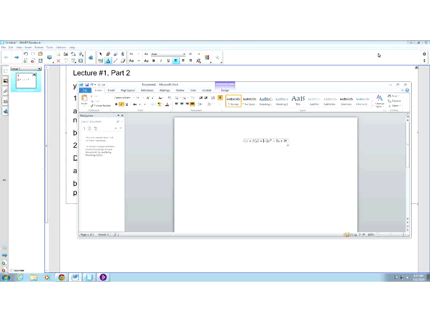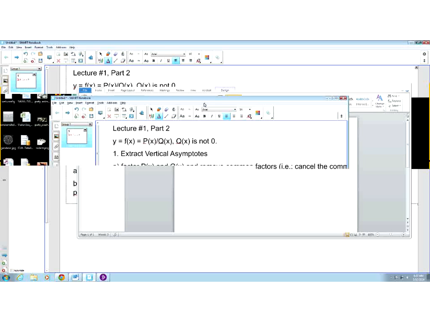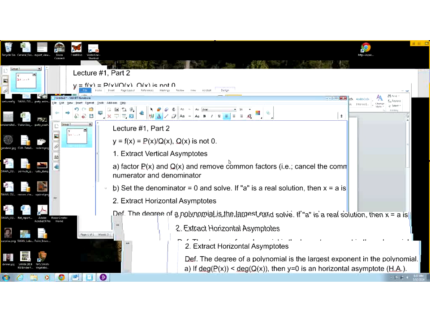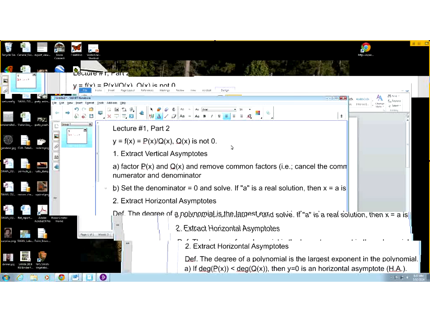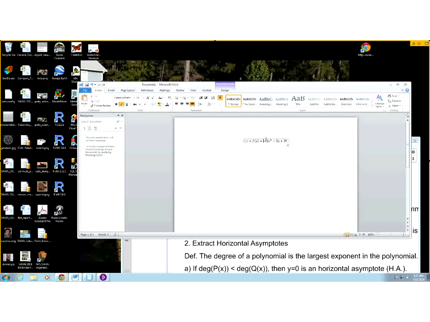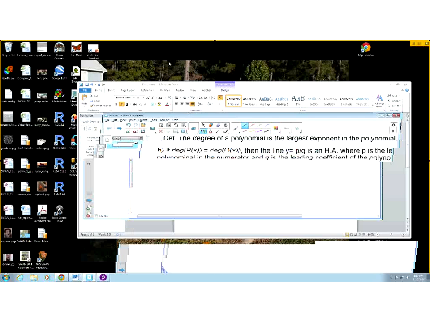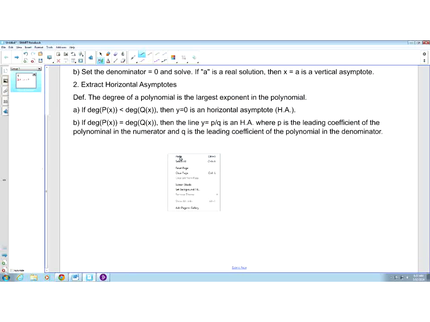In this case, the leading coefficient would be what? The leading coefficient is the coefficient on the term of the highest exponent. So in this case, the leading coefficient would be negative 2.